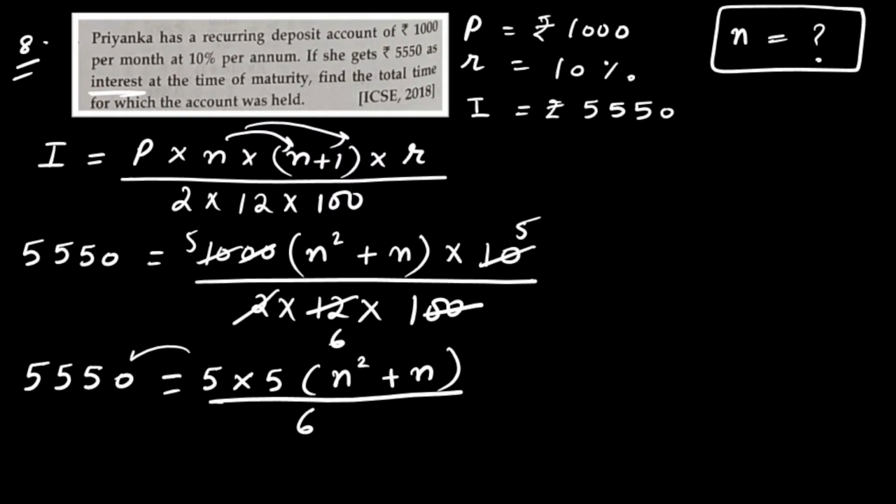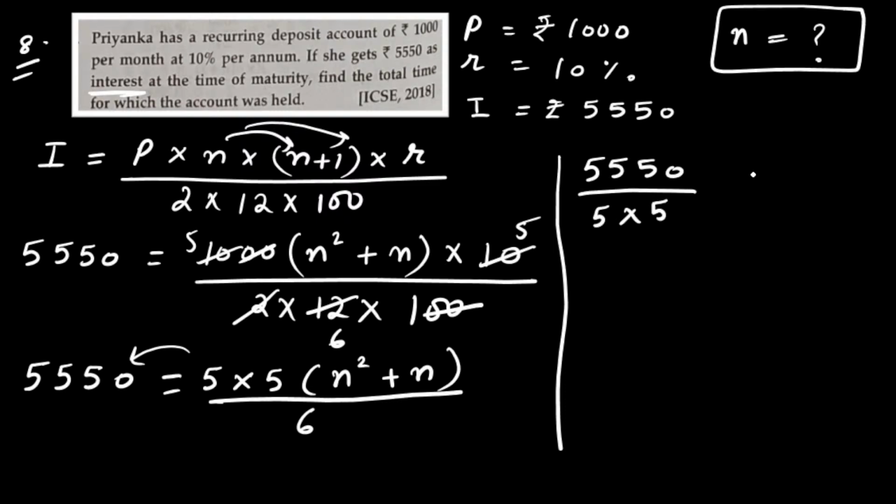Let's shift this 5 to the other side. If I shift 5 to the other side, both the 5's will get divided. So 5550 divided by 5 into 5 equals n square plus n by 6.